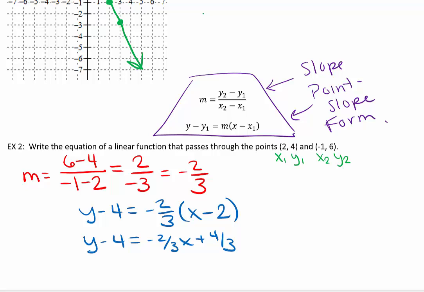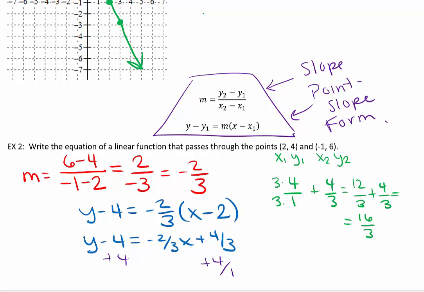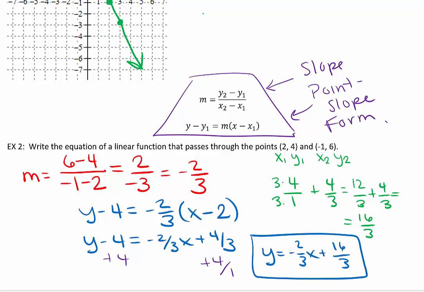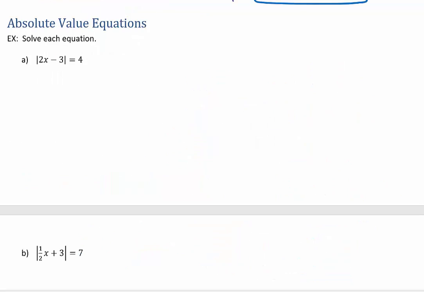Negative 2/3 times negative 2 over 1 would be a positive 4 over 3. And then I'm going to add 4. 4 over 1 plus 4 over 3, I would get a common denominator, so 12 over 3 plus 4 over 3 is 16 over 3. So my final answer is y equals negative 2/3 x plus 16/3.